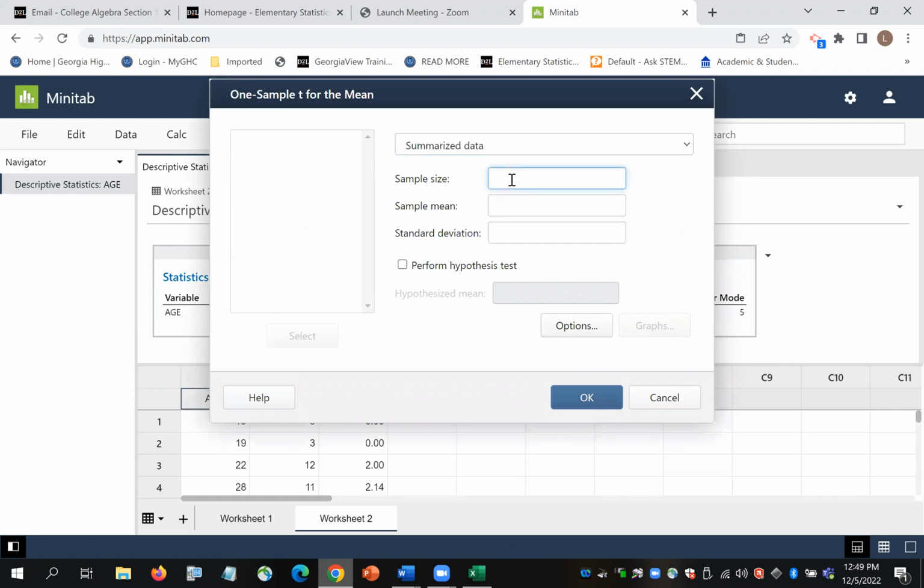My sample size was 22. My sample mean was 25.27. Do I remember that right? Yep.